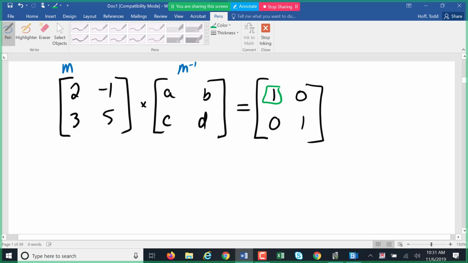We'll have to look at those as well. For row 1, column 1, we use row 1 of the first matrix, column 1 of our second matrix. So that is telling us that 2A minus negative 1C, or just minus C, has to equal 1.